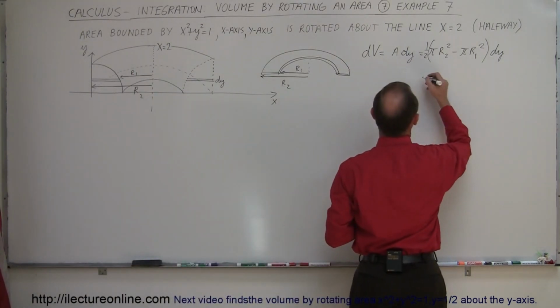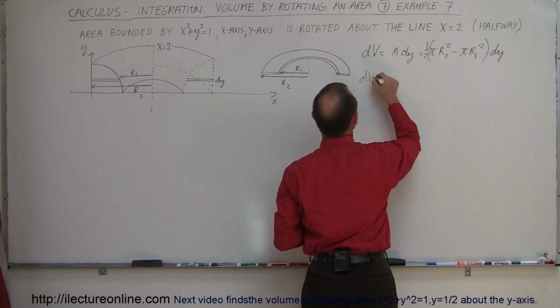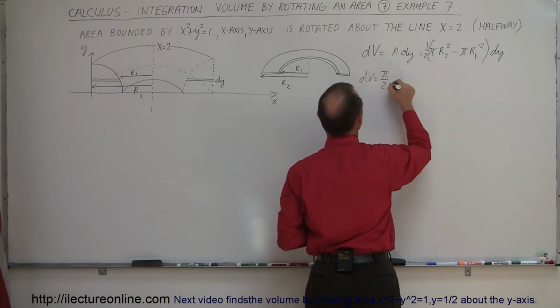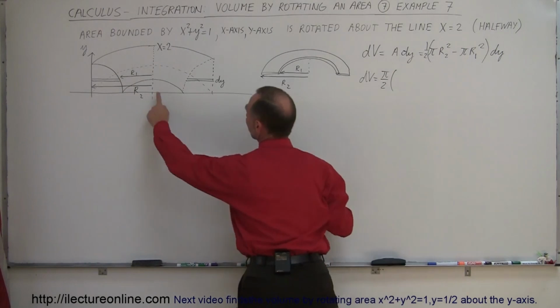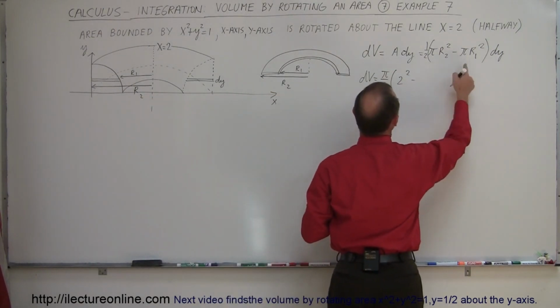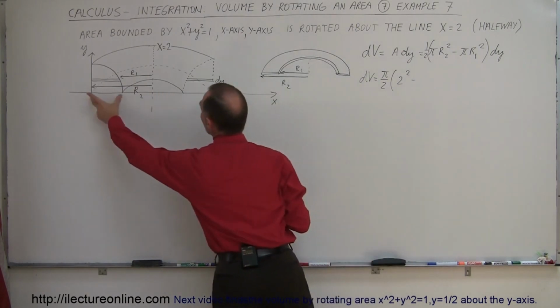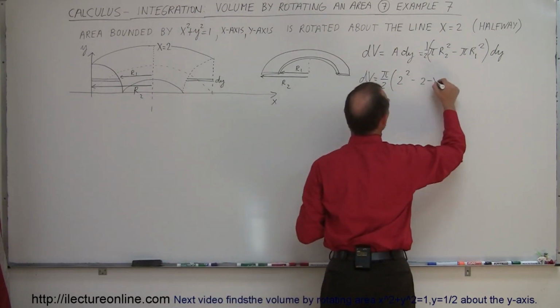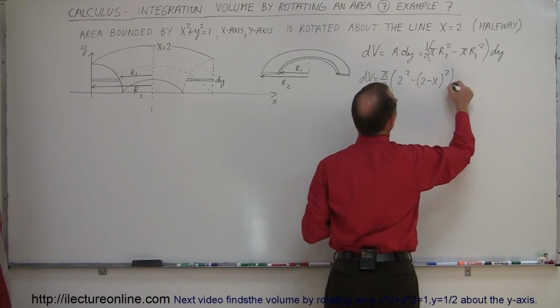So we can factor out a pi. So we can say that dV is equal to pi over 2 times, remember R2 was the full distance, which is 2, so it would be 2 squared, minus R1, which would be 2 minus x. So 2 minus x quantity squared times dy.